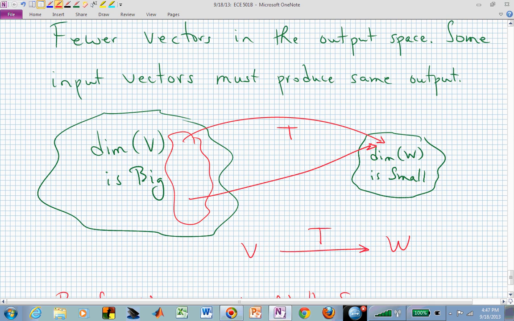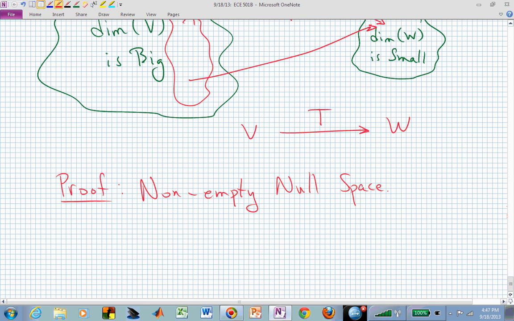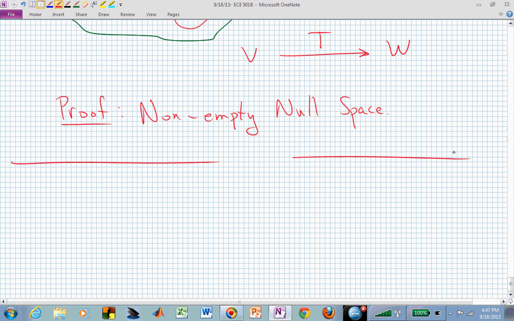All right, the other corollary is obviously related to surjective maps.